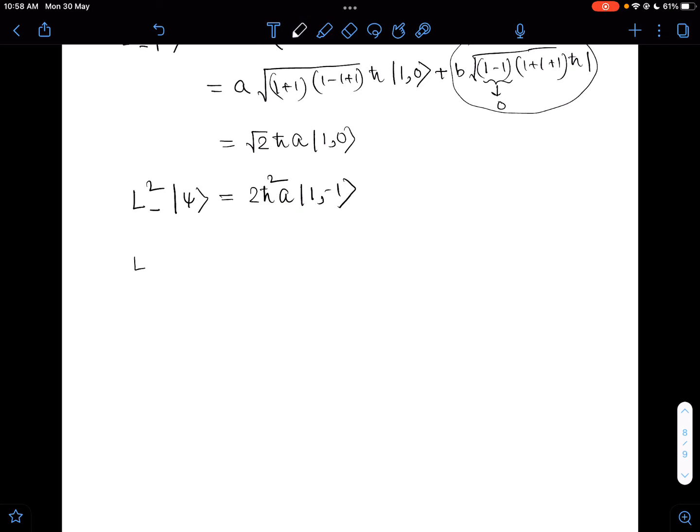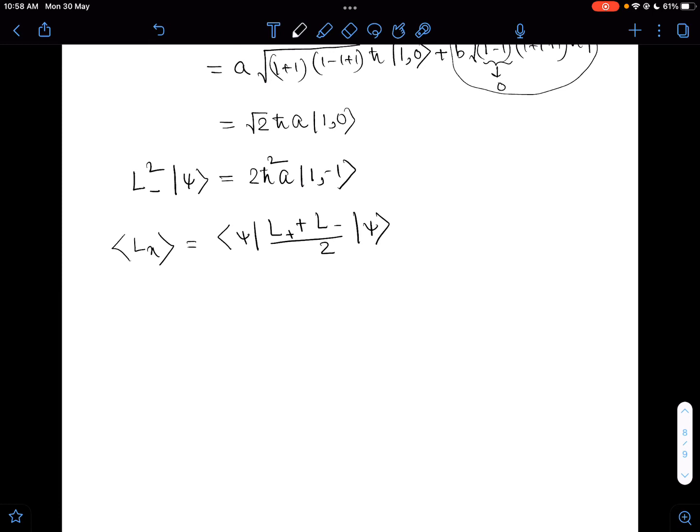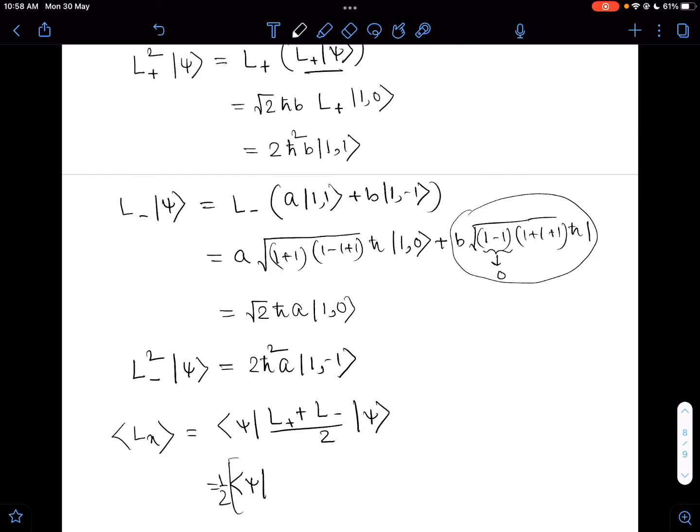So what will be the expectation value of Lx? The Lx expectation value will be <psi|(L plus + L minus) by 2|psi>. Half we can take out, and what is the action of L plus on psi?